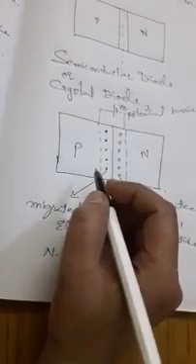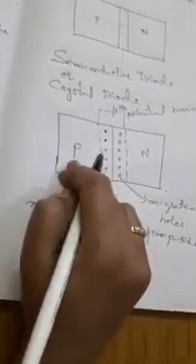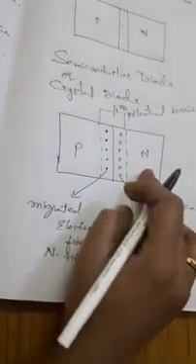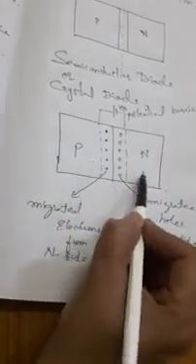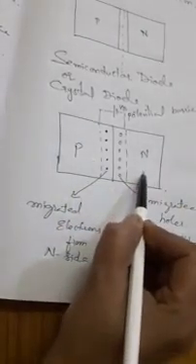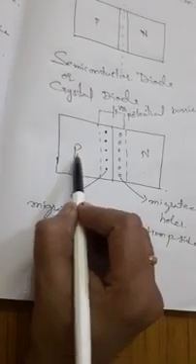We know that p-type material means there is a high concentration of holes in the p side, and n-type material means there is a high concentration of electrons. There is a tendency of holes to diffuse into the n side, and a tendency of electrons to diffuse into the p side.